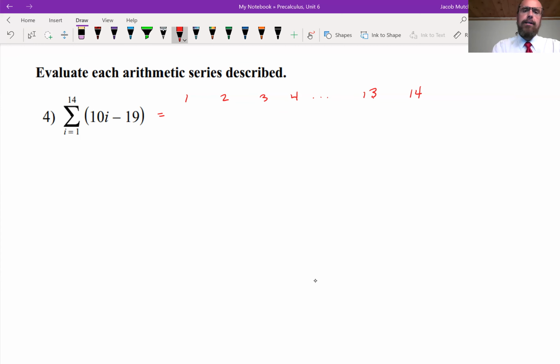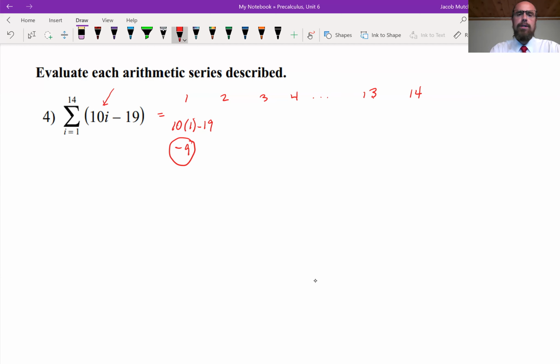And I see that by this common difference, which is showing up as my slope, if I think of this as mx plus b, that 10 is like my slope, I'd really just add 10 to each term to get the next one.